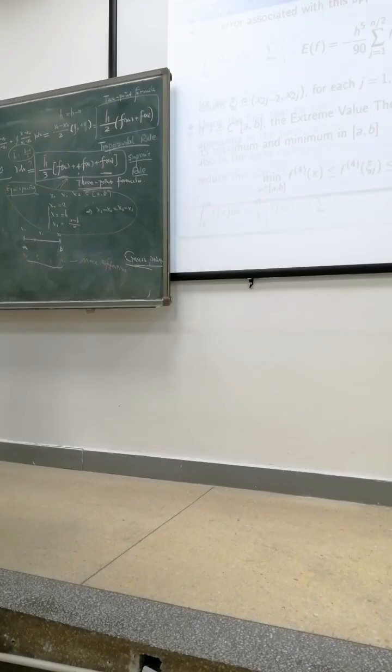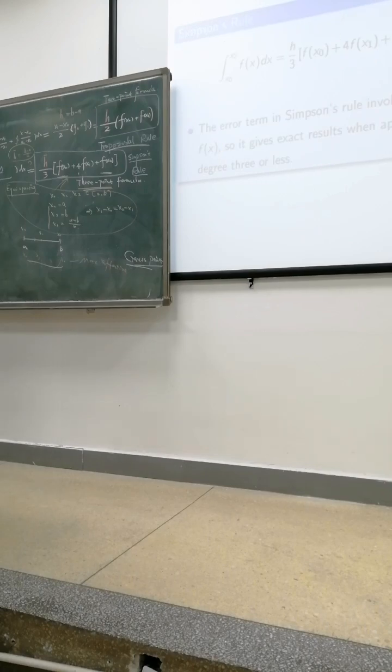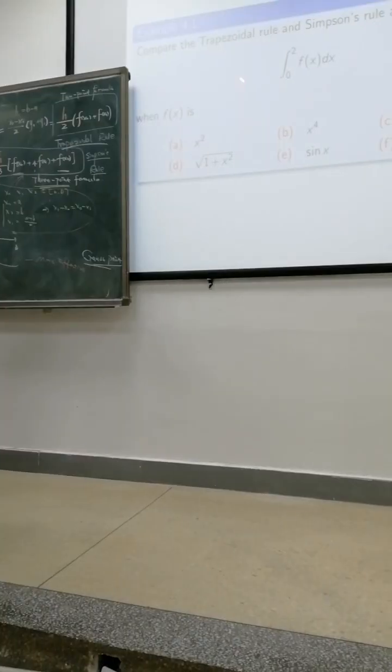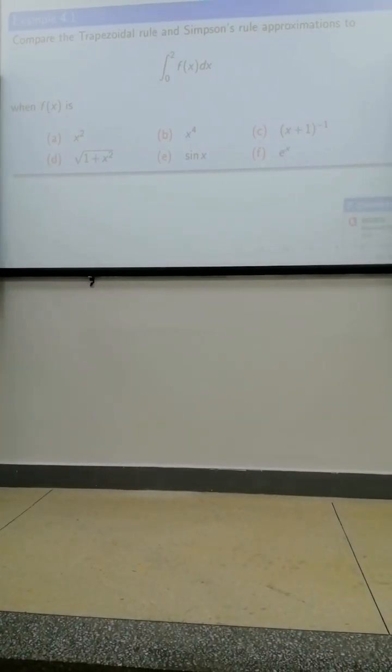Okay, let's take a look at an example. For example, if we ask you to apply the trapezoid rule and the Simpson's rule to calculate the numerical integration for these functions, and the interval is 0 to 2.